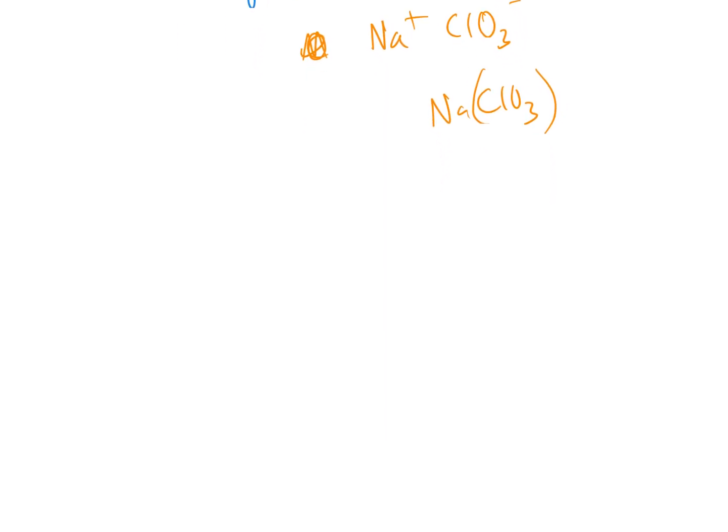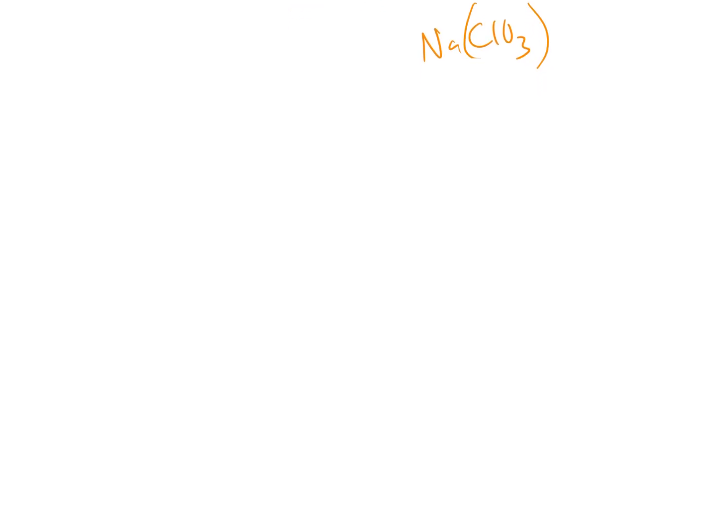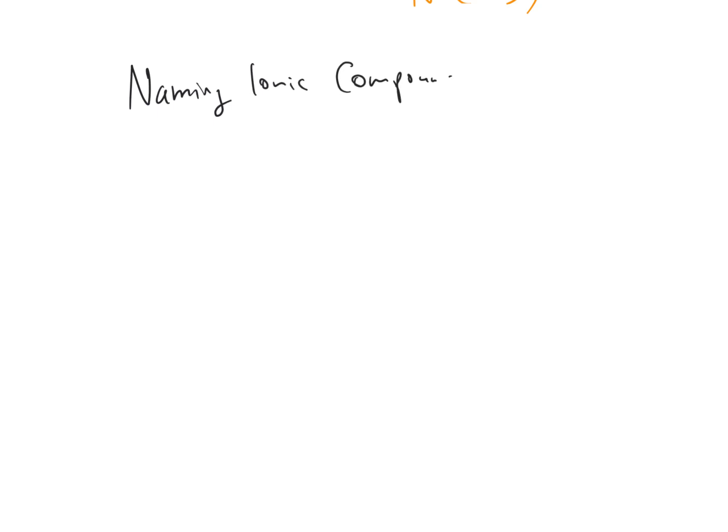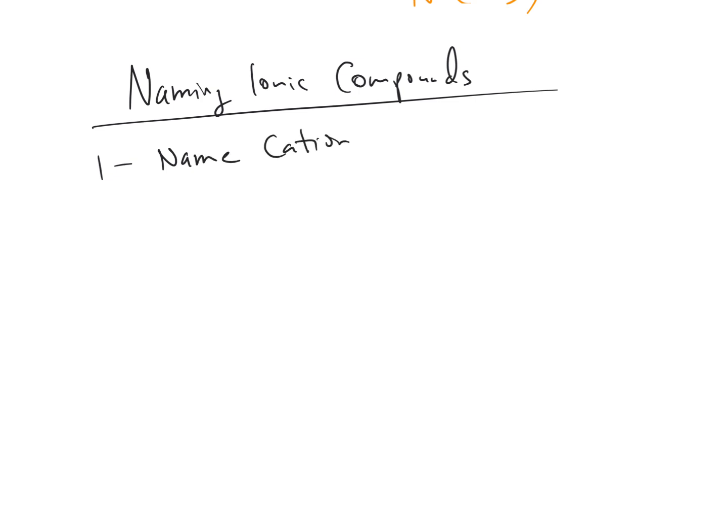Let's learn how to name ionic compounds. Okay, step 1. Name cation first. Makes sense because it's written first, right? And how do we name it?